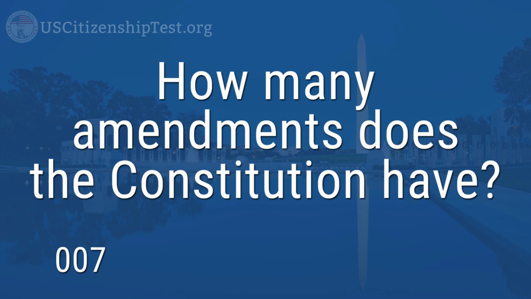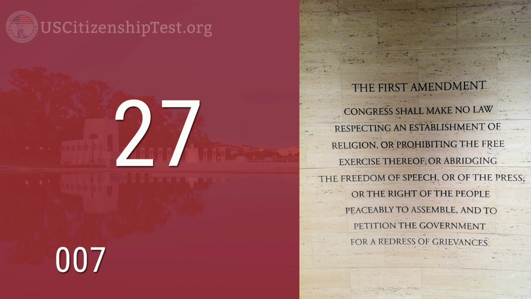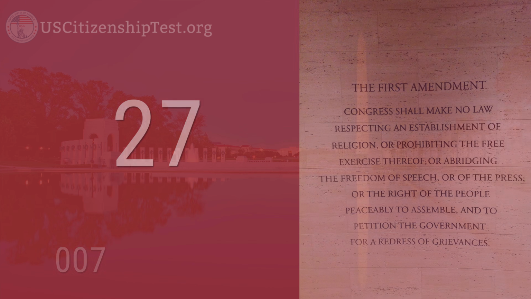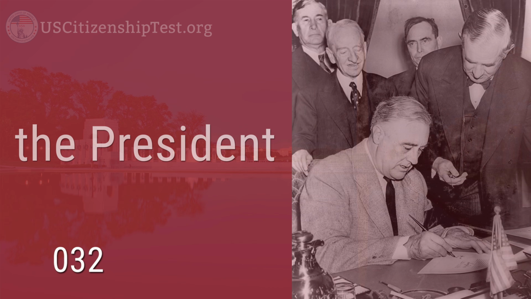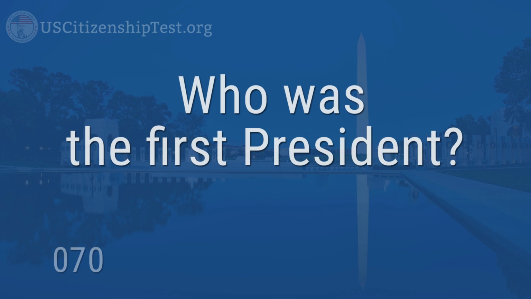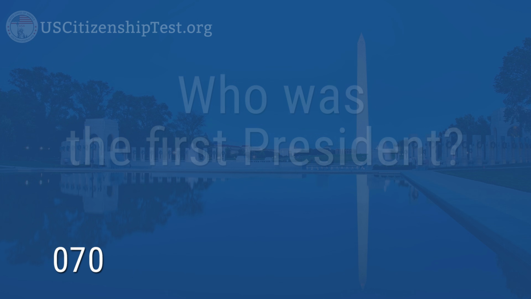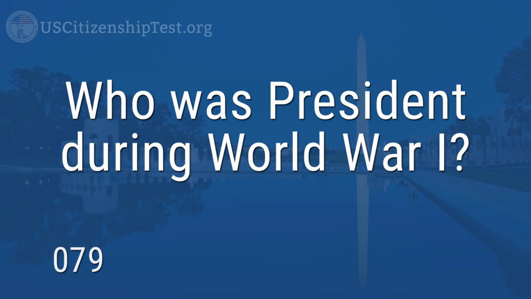How many amendments does the Constitution have? 27. Who is the Commander-in-Chief of the military? The President. Who was the first president? George Washington. Who was president during World War I?